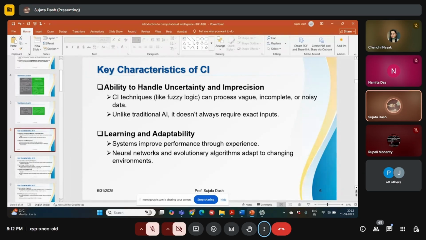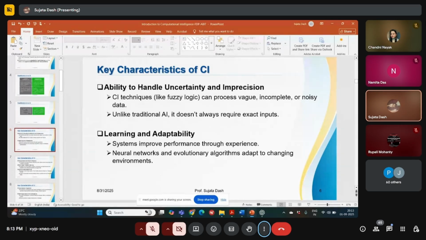Similarly, here the evolutionary algorithm helps us find an improved solution over time. So this means computational intelligence systems do not just follow fixed rules; they change, they adjust, and improve automatically as the environment or the available data changes.